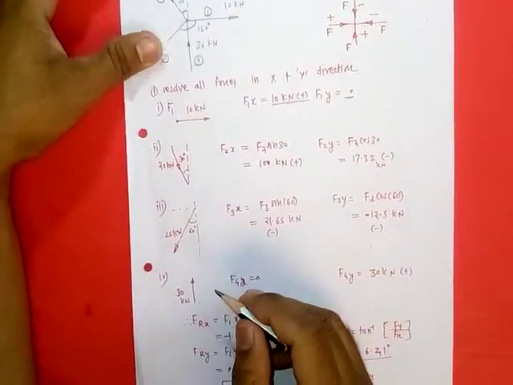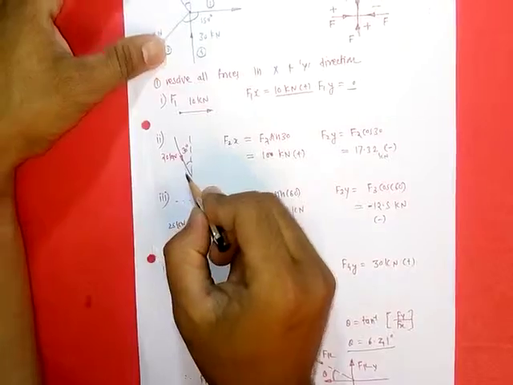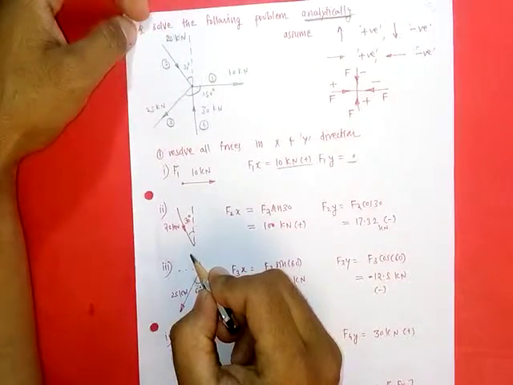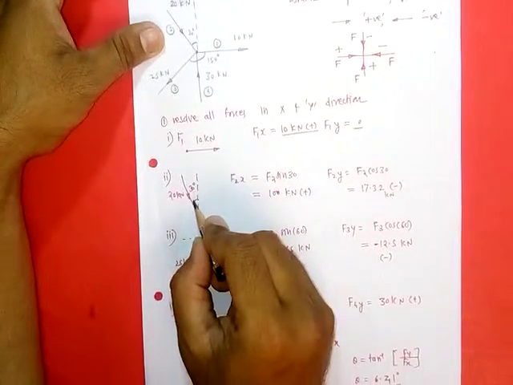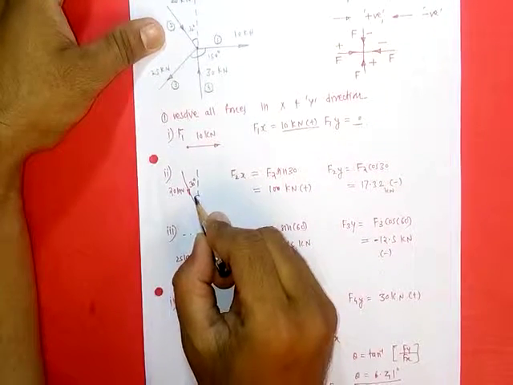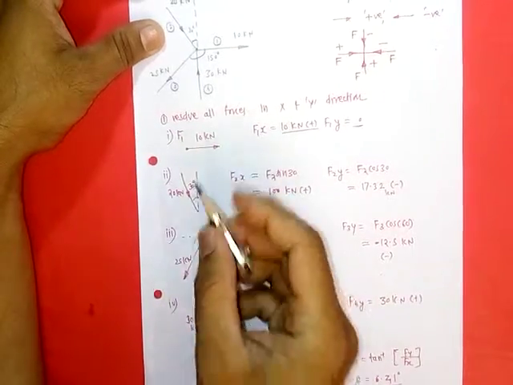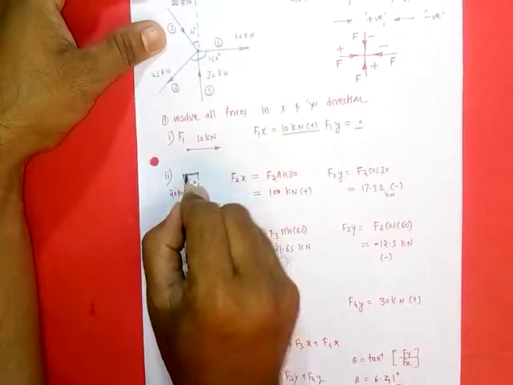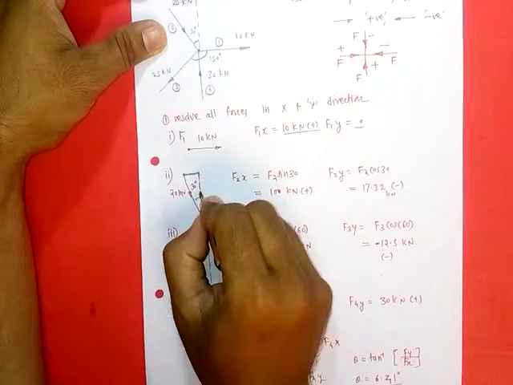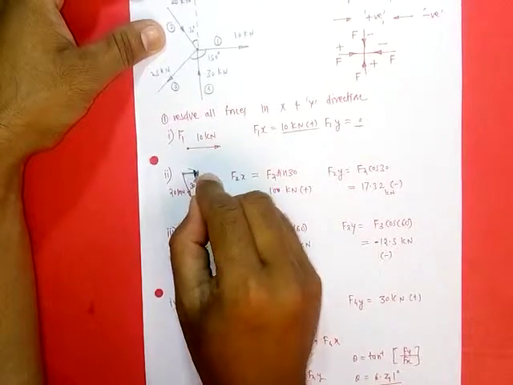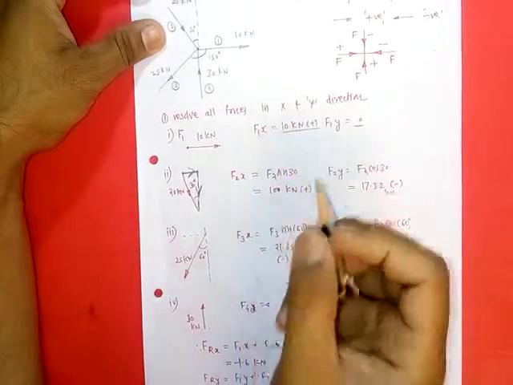Now consider the second force, this 20 kilonewton force. This force is making a 30-degree angle with the vertical. Then resolve this force into components. This force can be resolved into components this way: one force in the downward direction, one force in the rightward direction.